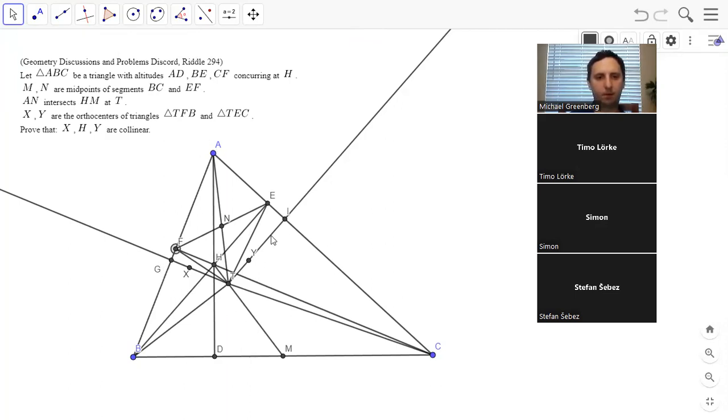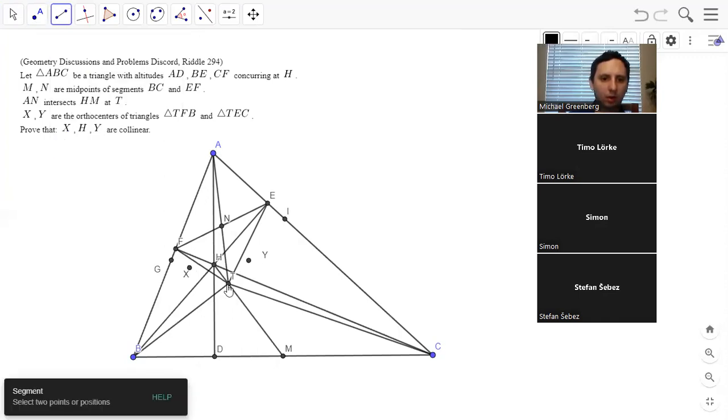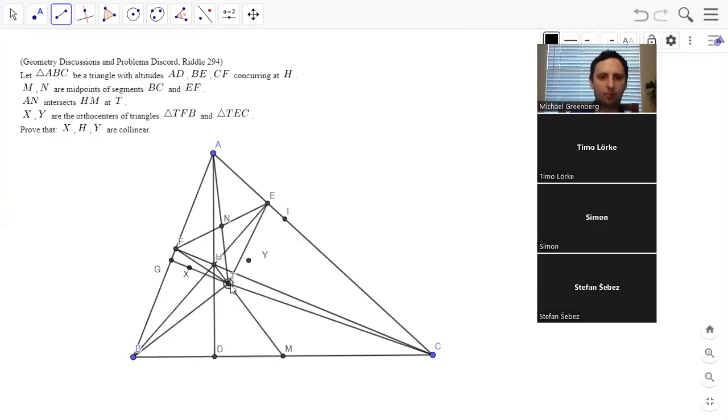Then we will need to show that we have some nice angles, like TXY is equal to TAG, and that is CAM. So TXY is CAM, and so we want to show that TXH is CAM.